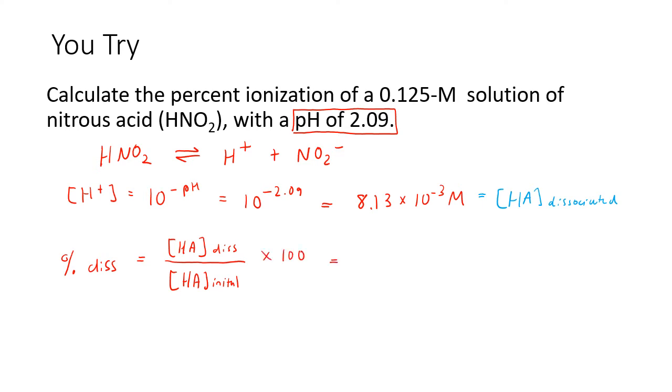So our dissociated amount we calculated to be 8.13 times 10 to the negative third molar. The initial concentration of the weak acid, we are told, is 0.125 molar. And then that fraction times 100% gives us a percent dissociation for nitrous acid of 6.5%.